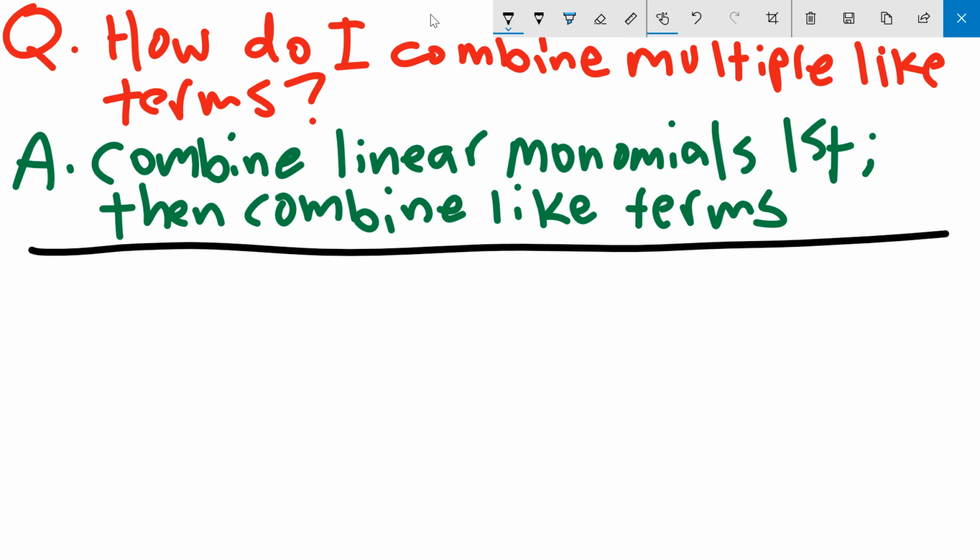We'll go back to our lemonade stand example. We had some variable expenses, right? So we had 0.33x for lemons per cup, and then 0.10x.